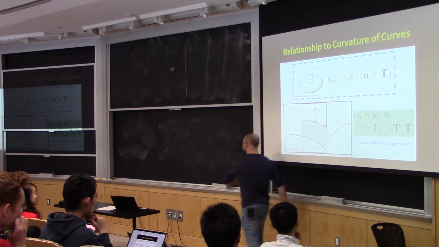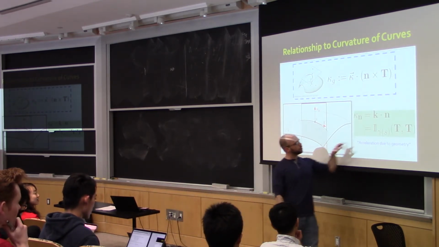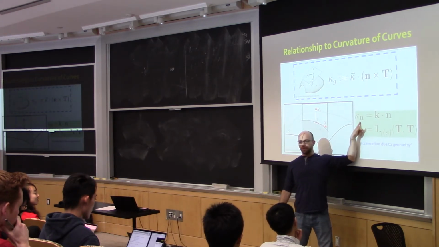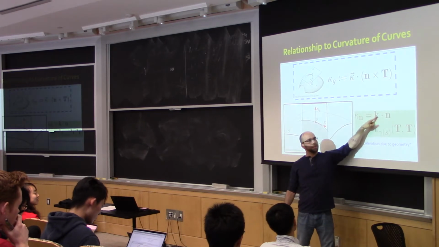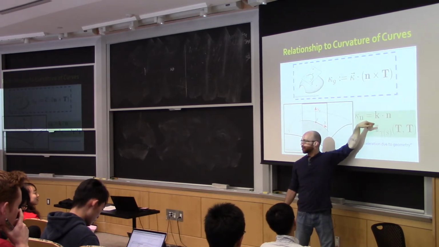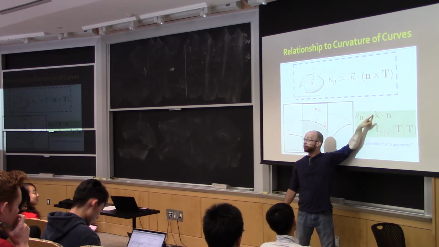Okay, so the theorem we're trying to prove is the following, this thing down here, which is if I take the component, so this actually should be a capital K, remind me, I'll fix it in the slides. This is the curvature vector of my curve.